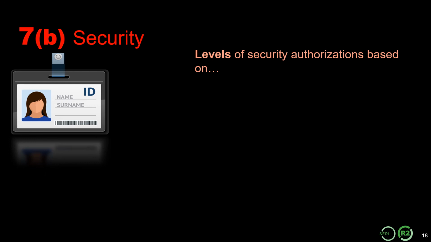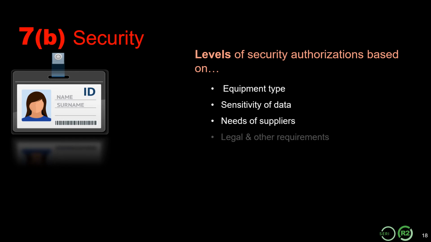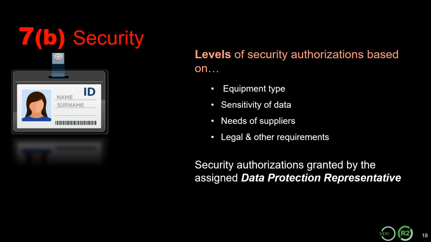Facilities must also implement levels of security authorizations based on the same criteria used in the data sanitization plan: the types of equipment being handled, the sensitivity of the data, the needs of suppliers, and any applicable legal or other requirements. The facility's assigned data protection representative is responsible for granting authorizations.